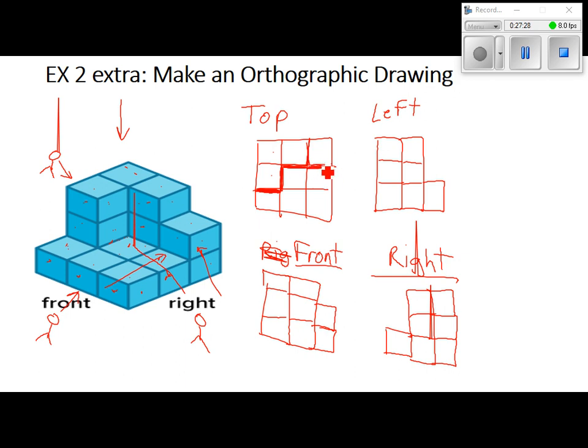This break is for this right here because it drops down on that one. From that block to that block it drops down. So you've got those breaks.